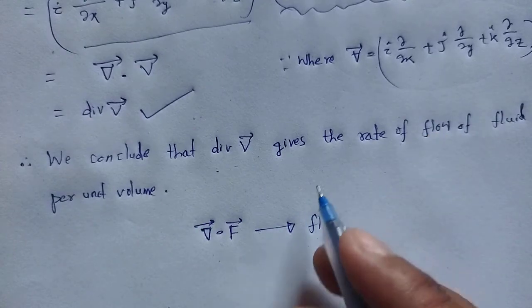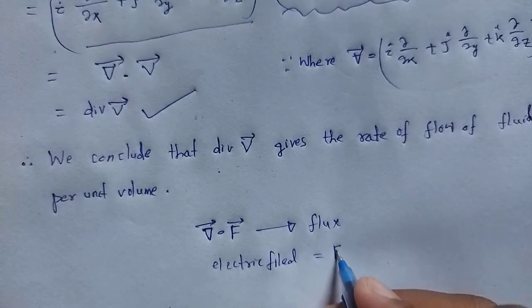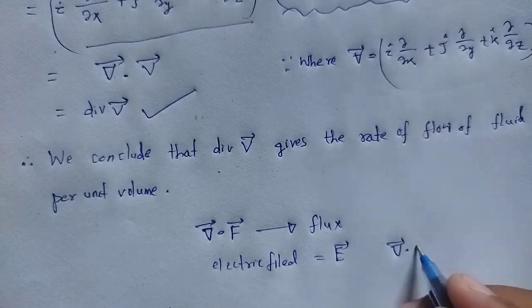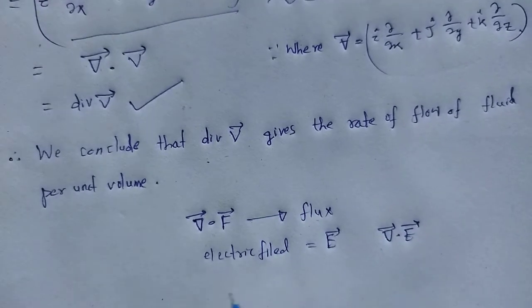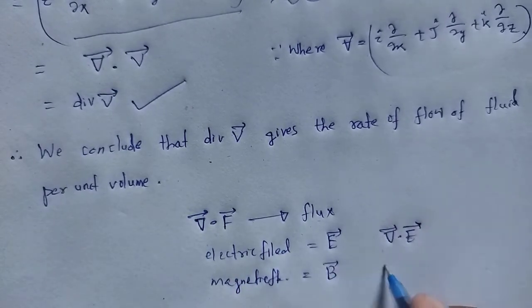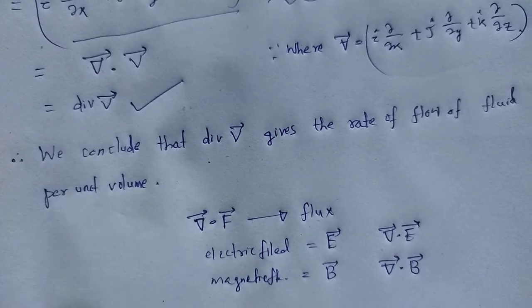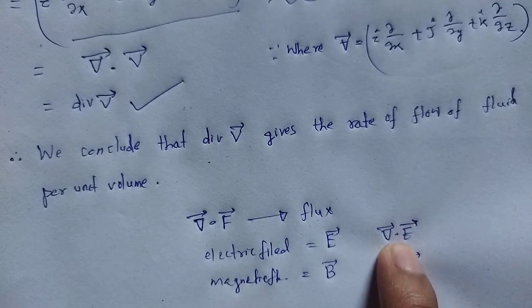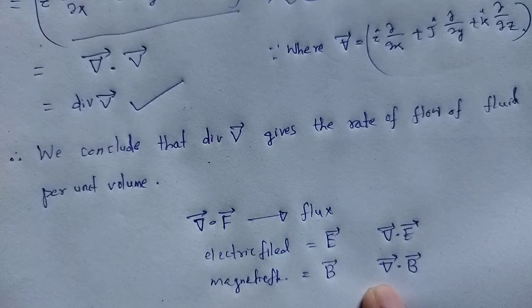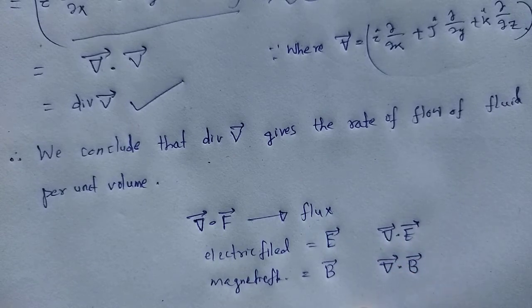That is why in physics, for the electric field E vector, we can say grad dot E, and for the magnetic field B vector, grad dot B. These represent the flux of electric field or magnetic field in a given region.